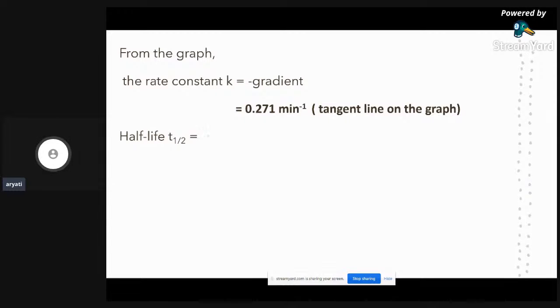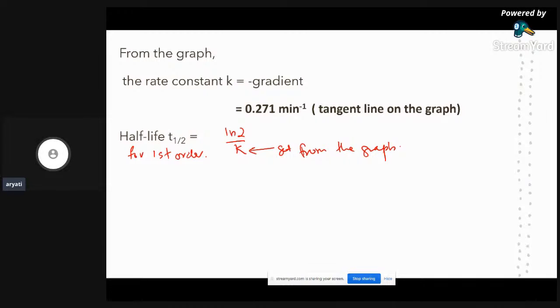So kamu tahu bahawa half-life for first order, kita dah determine first order daripada graph sebab kita dapat dia linear graph because of graph ln concentration versus time. So untuk first order, the formula of half-life is ln 2/k. So the k value ni kita kena get from the graph.